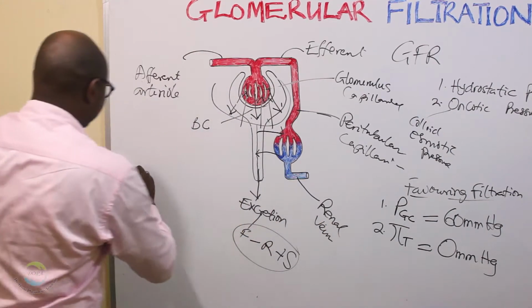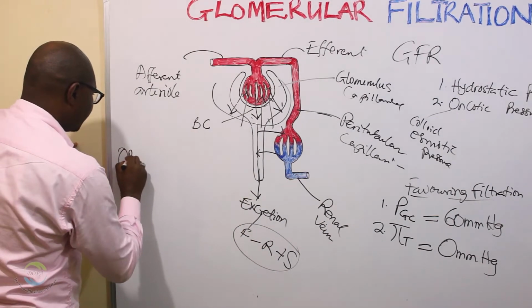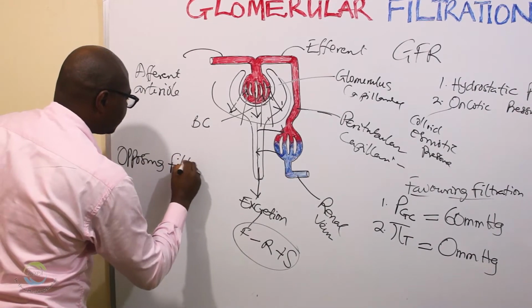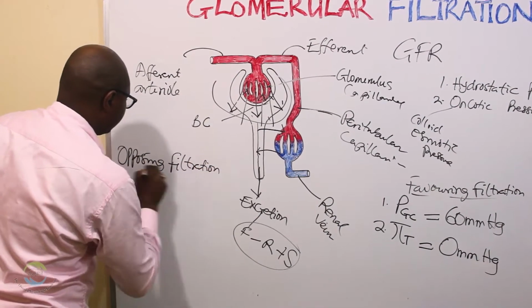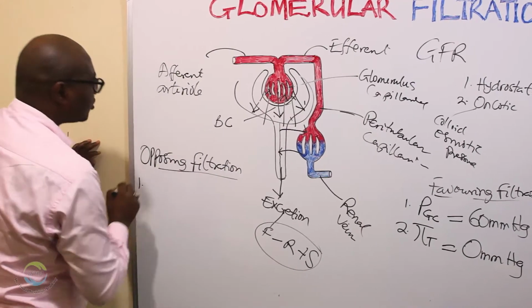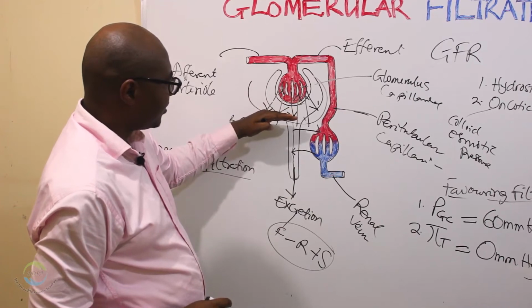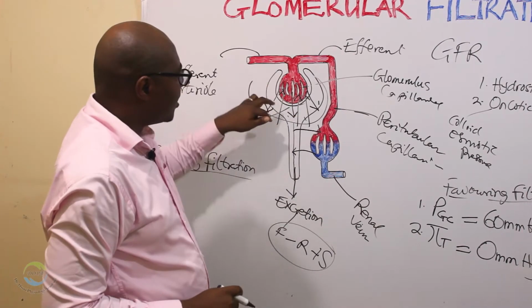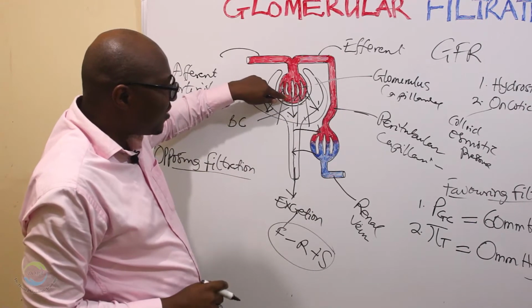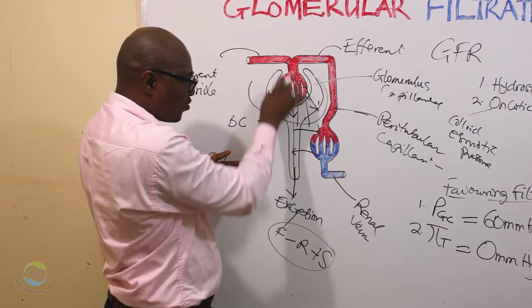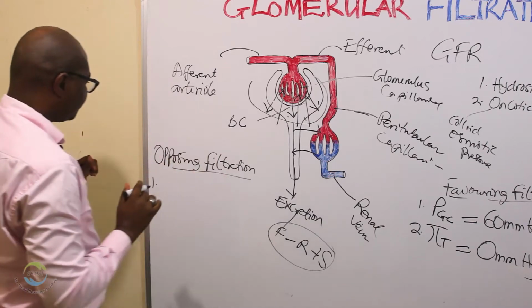So let's now come here. Opposing filtration. The forces that oppose filtration. Let's look at it. Filtration goes down here. So what force opposes? That means the oncotic pressure of this glomerular capillary. Remember, it takes it in. That means it opposes filtration.